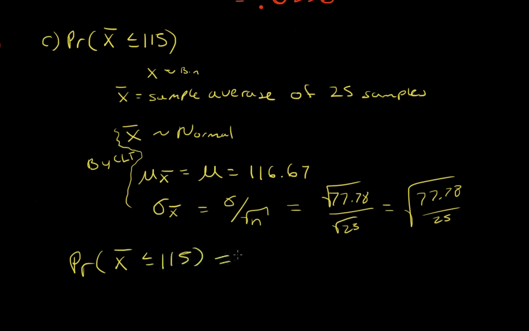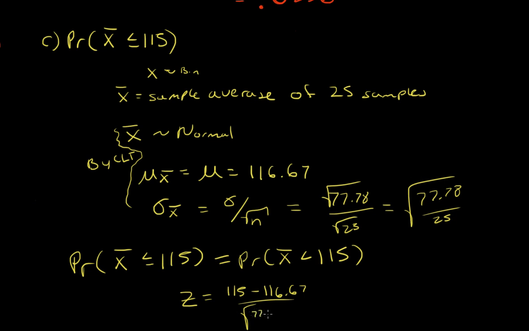I don't care about the equality, whether or not it's there, because x bar is already continuous. Remember, for continuous random variables, whether or not you have the equality is kind of meaningless, because the probability x bar equals 115 is 0. So now to calculate z, I would do 115 minus the mean of x bar, 116.67, and divide that by the standard deviation of x bar.